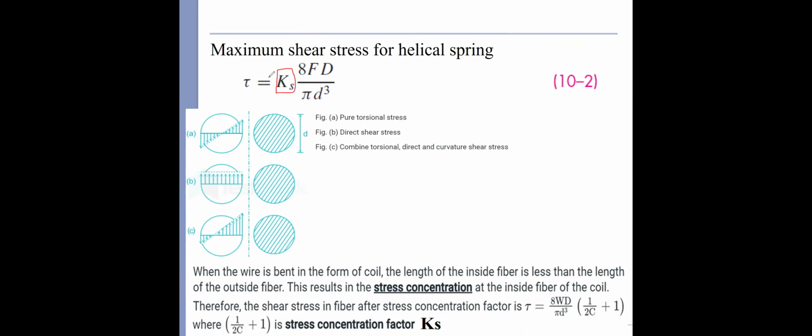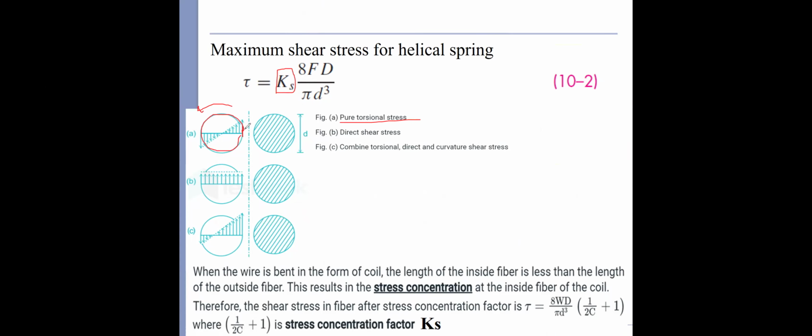If we look into the cross section of the helical spring at any location, we see the pure torsional shear stress, applied by a torque on the surface. We already know from the mechanics of materials course that the maximum shear stress is located at the surface with a torque applied to it.